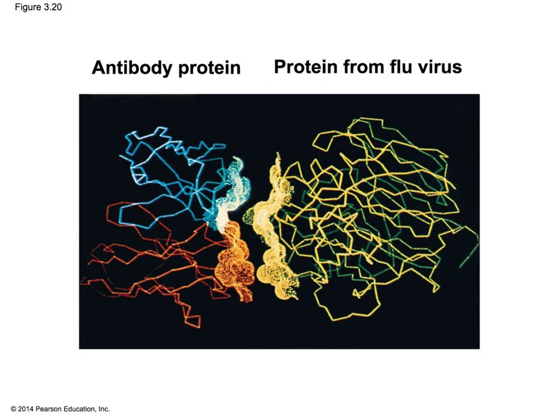These two areas right here, are they close in shape? Yes. So there's going to be interaction there. Now this antibody will bind with this flu virus protein and prevent it from infecting cells. That's how you have immunity for flu virus. So shape and function relationship, very important.